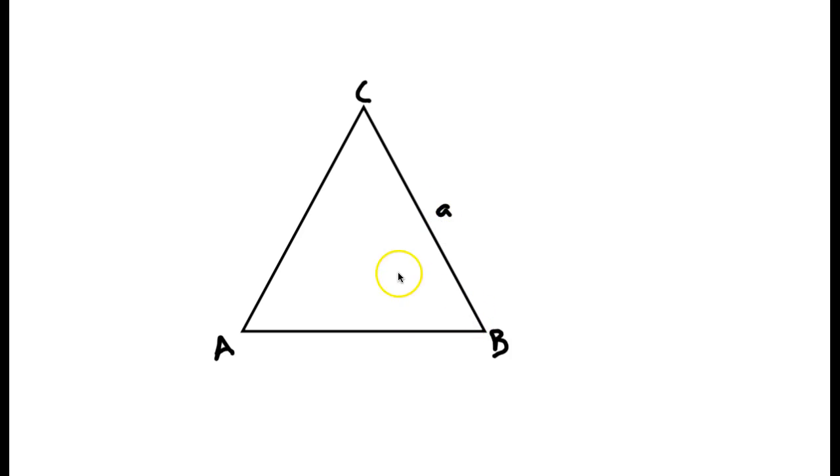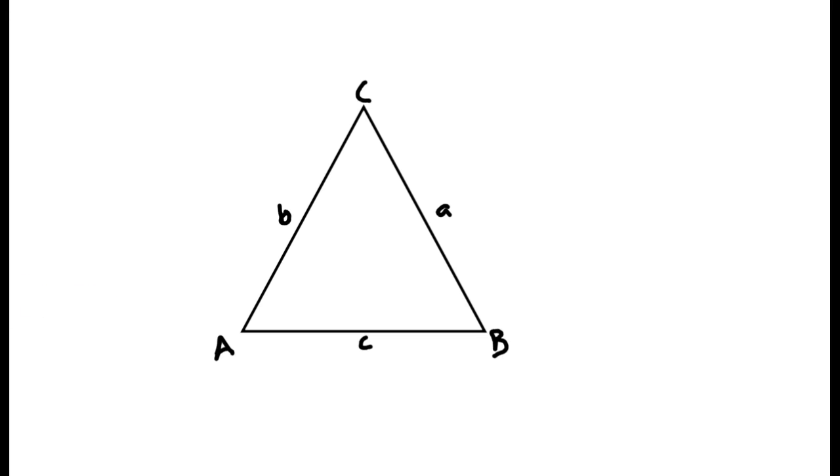The side that's opposite angle B will be lowercase b, and the side opposite angle C will be lowercase c. Okay, so this is just general notation that we're going to use for triangles. All right, the angles are capital A, B, and C. The sides are lowercase a, b, and c, and the lowercase a is opposite angle A, and so on.